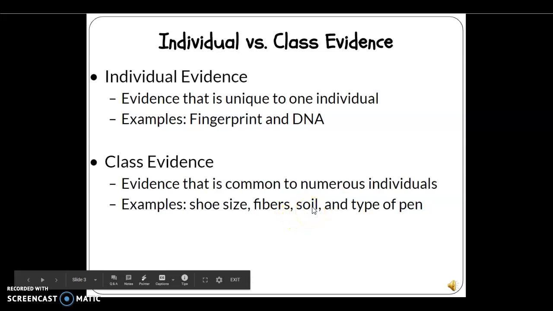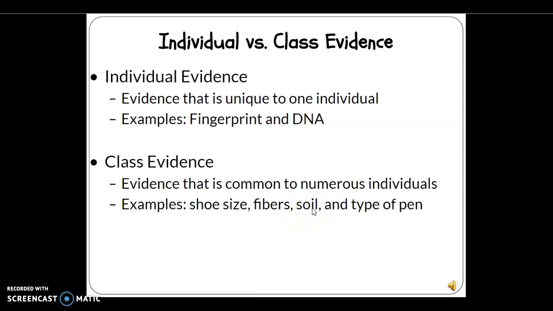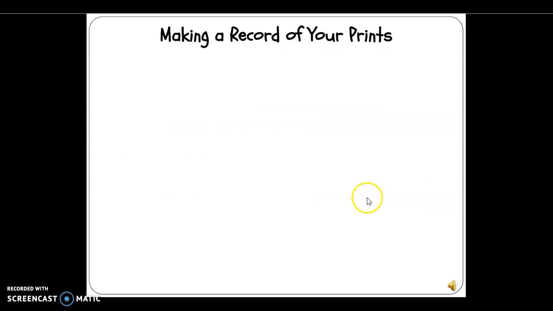And maybe you have similar soil in your front yard as your neighbor does, or you use the same type of pen as your friend does. So that is class evidence, because it identifies a whole group of people as possibly your suspect. It does not identify one single person.